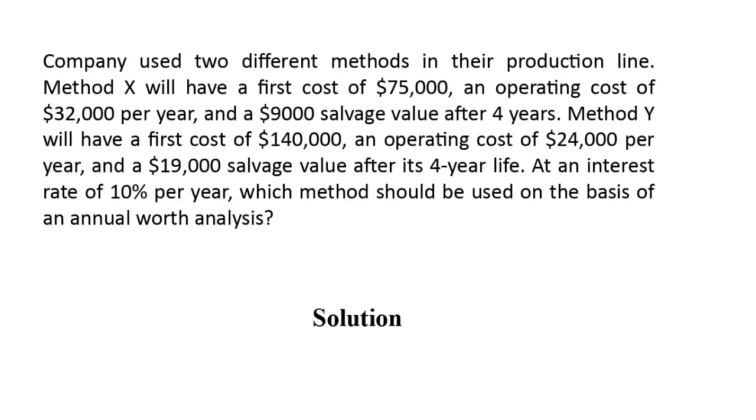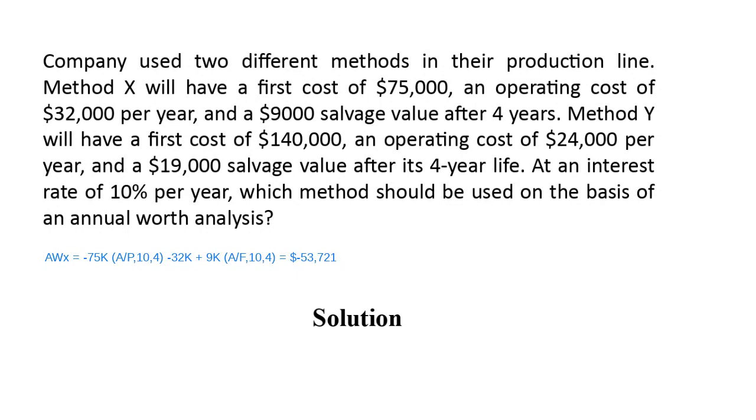We use the formula A given F, 10% for 4 years. That will lead to minus 53,000 for method X.